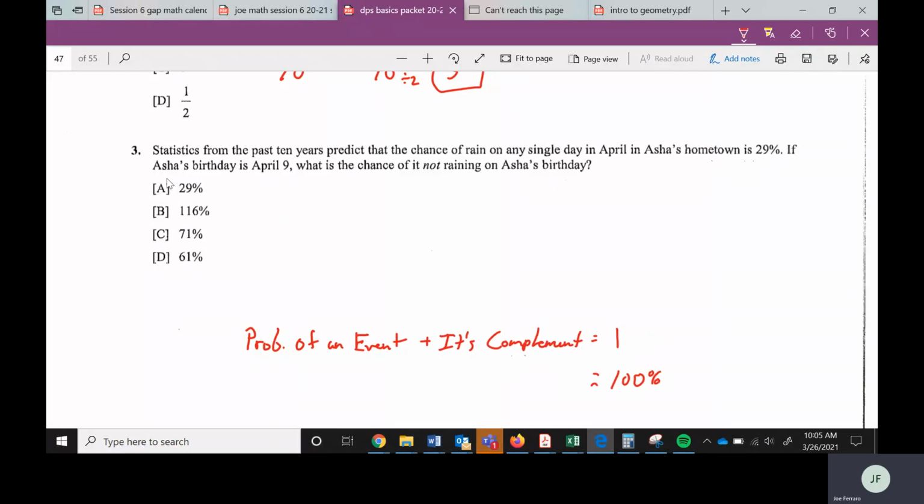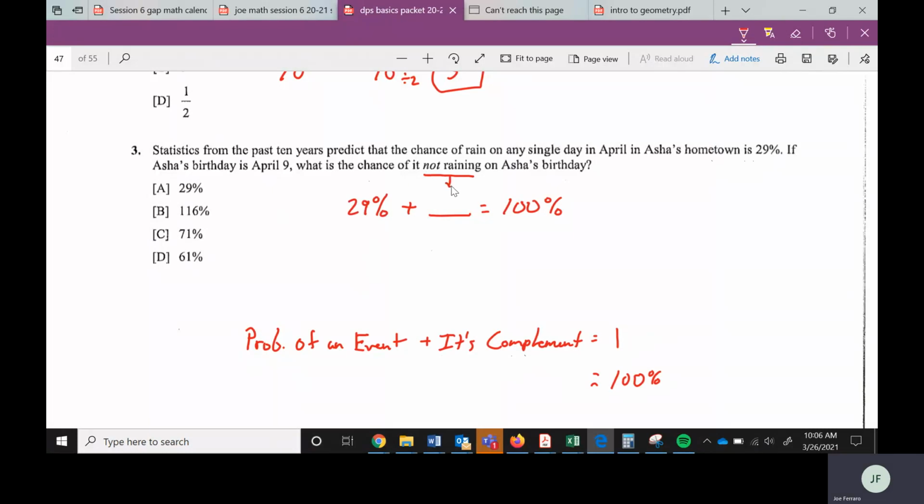It says if Asha's birthday is April 9th, what is the chance of it not raining? Okay, so 29% chance that it will rain, plus something, has to equal 100%. This is the complement, which would mean the opposite of raining is not raining.